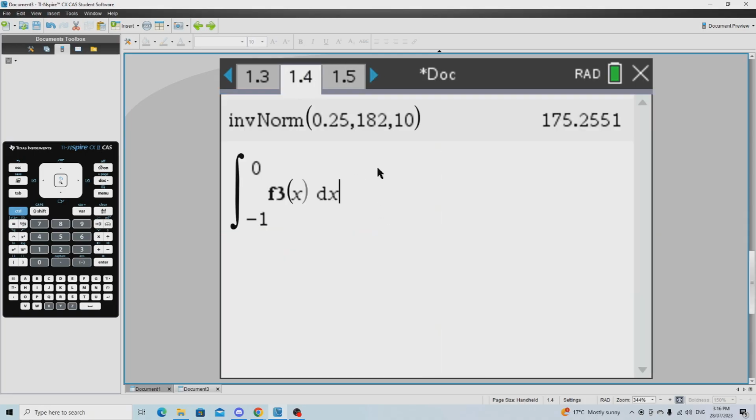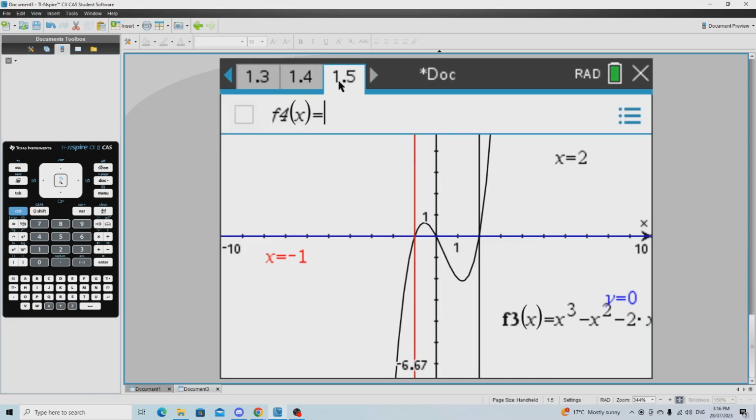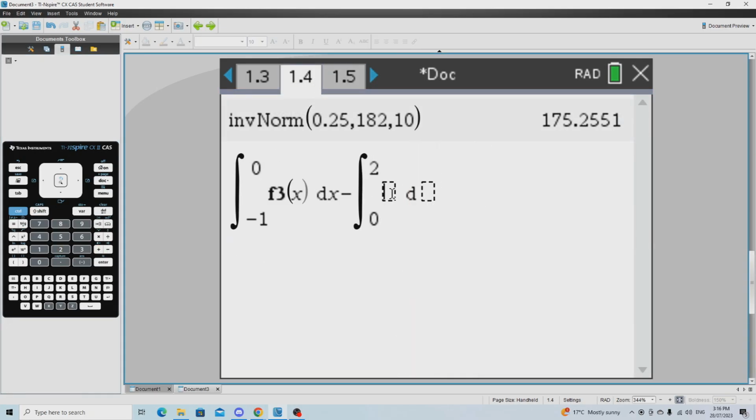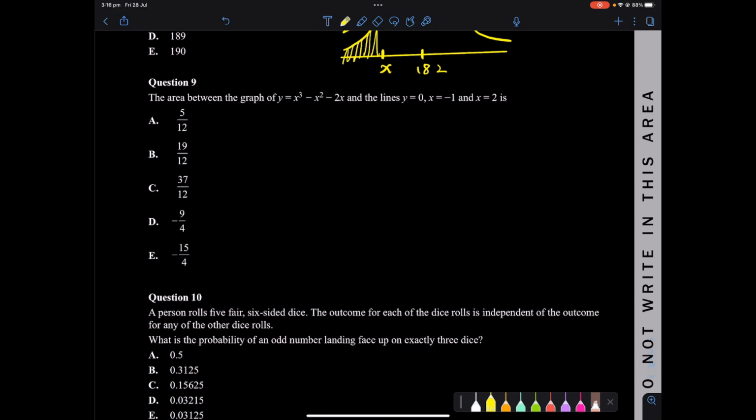So we're just going to put a negative integral from 0 to 2 of f3 of x, comma x. The answer is 37/12. So C is your answer for this one.